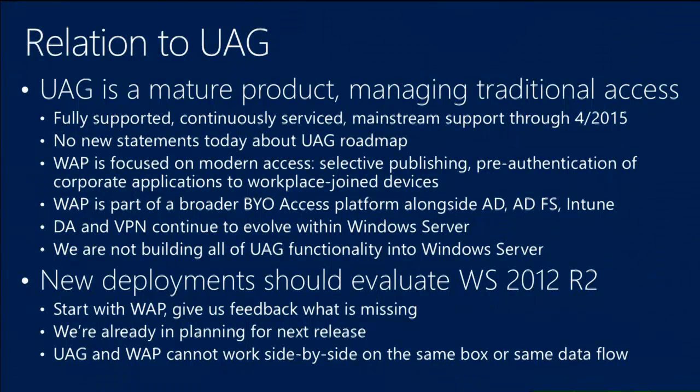We want to follow up and build the missing stuff. We gave a few very specific examples today, like the question here about client certificate authentication. We're talking about pure HTTP publishing, and I think we mentioned a couple other specific examples. We want to hear more because we do want to improve and fill in those gaps on the Windows Server platform.